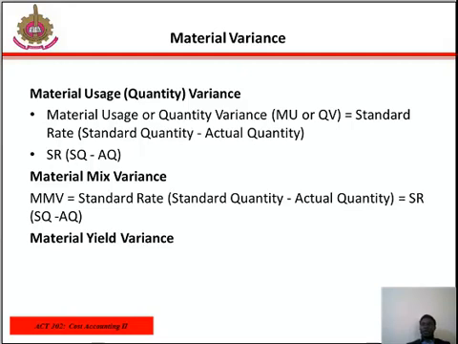If you look at the formula, when actual mix and standard mix are the same, the formula is MYV equals standard yield rate in bracket standard yield minus actual yield. Let me repeat myself. For actual mix and standard mix, the formulas are the same.